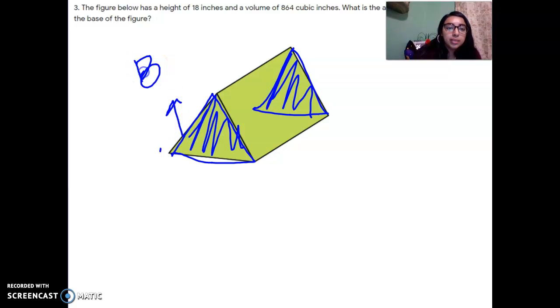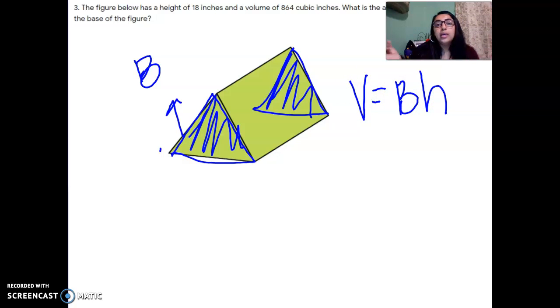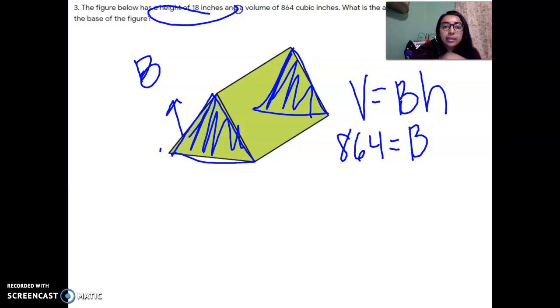So I'm actually looking for the area of this. This would be my big B. First off, what kind of shape is it? It's a triangle. I know the volume of my whole prism would be found by using this formula. It gives me my volume, which is 864. I don't know what my area of the base is, but I do know that my height is 18 inches.